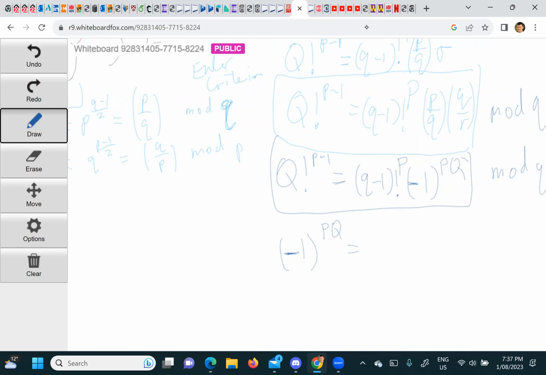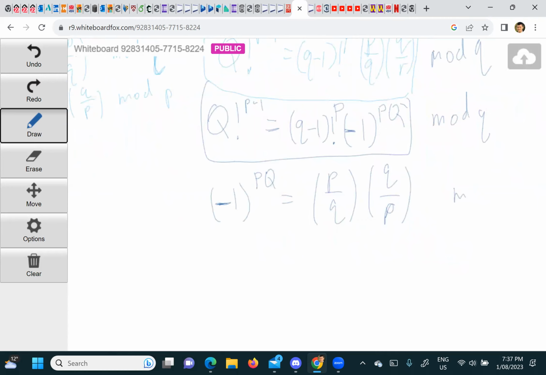So now we got p over q, q over p, and that's equal mod Q.